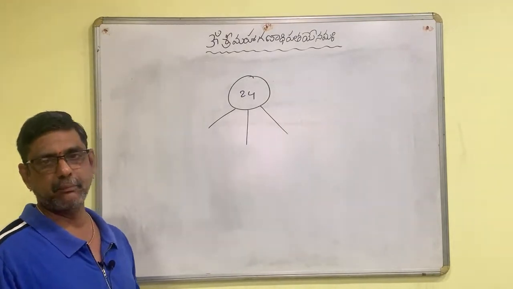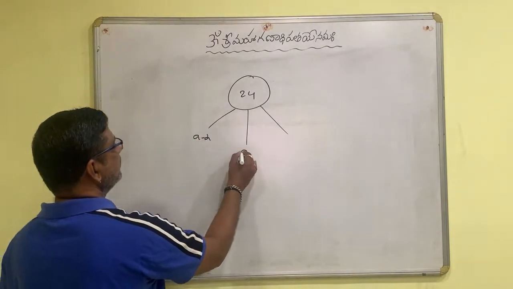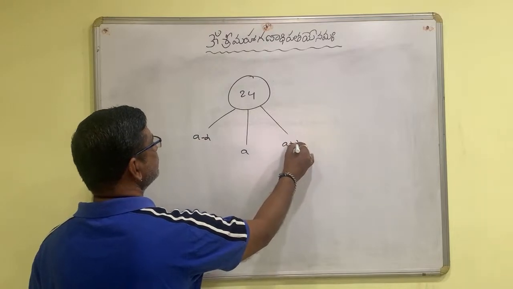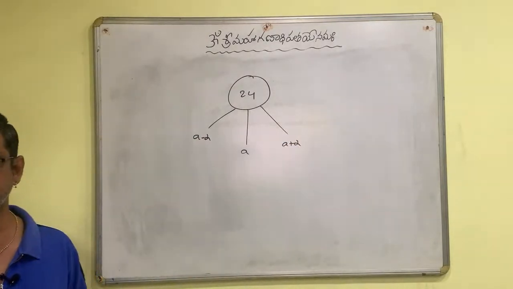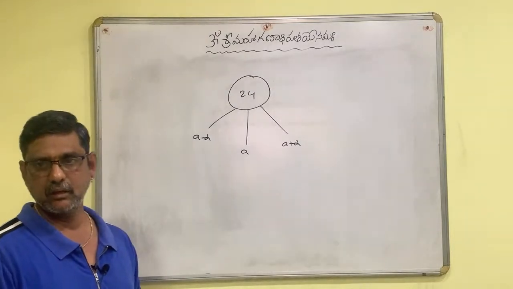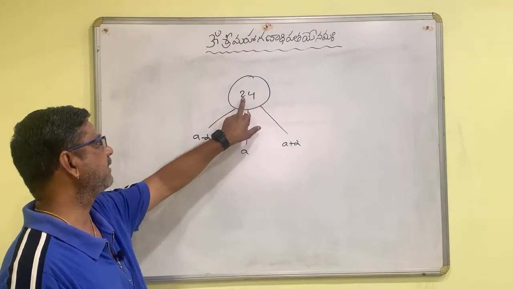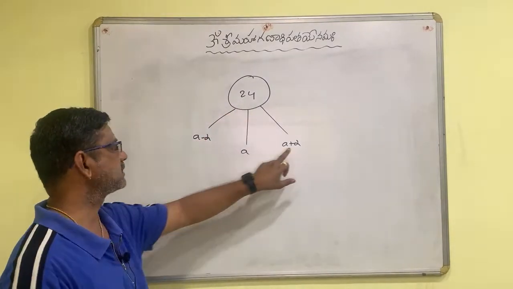Okay na? I just told you how to take 3 numbers: A minus D, A, A plus D. If we take them like that, then simplification is easy. Okay, now see, we are dividing 24 into 3 numbers.